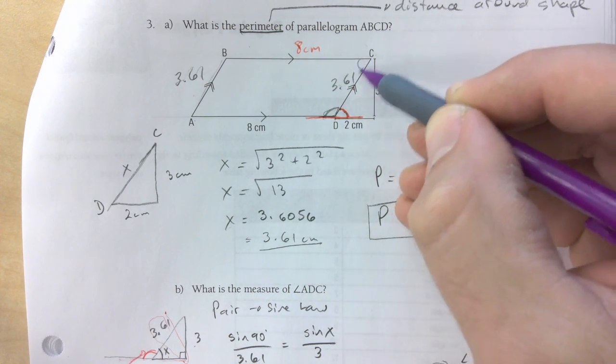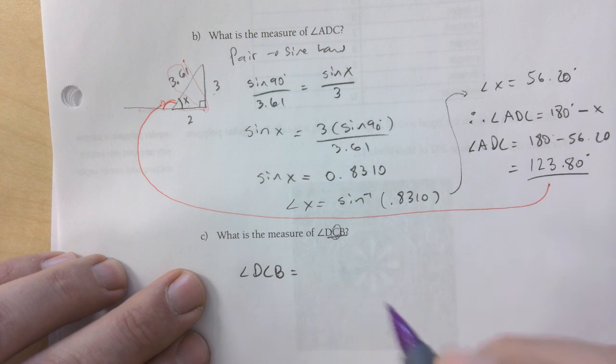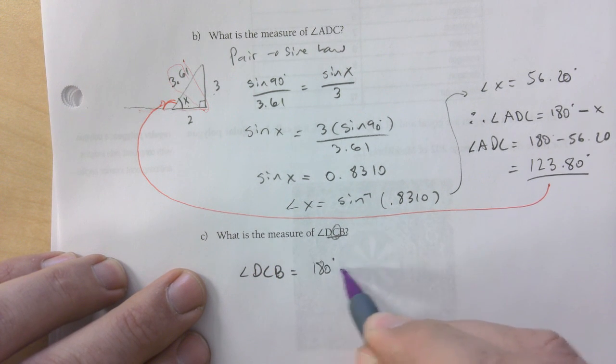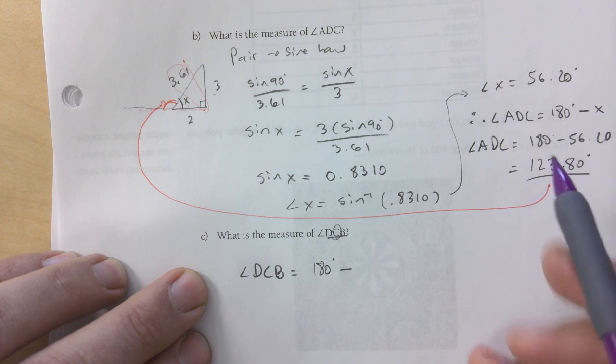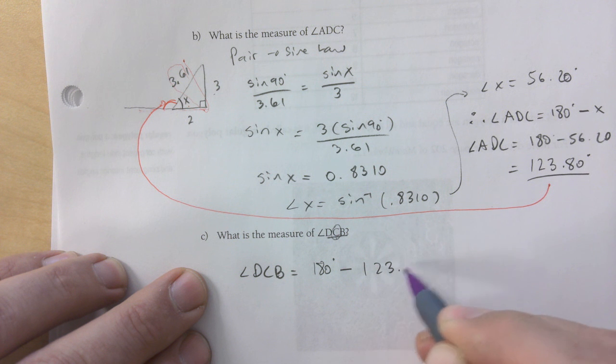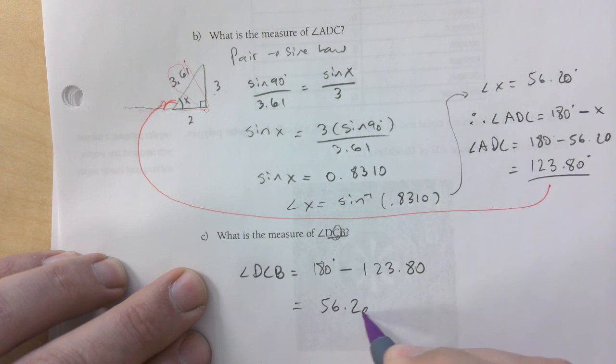We know these add up to 180, okay? So all we're going to do is 180 minus the one we just found here, the one that's at the bottom, 123.80. It's 56.20, which we found earlier, basically.